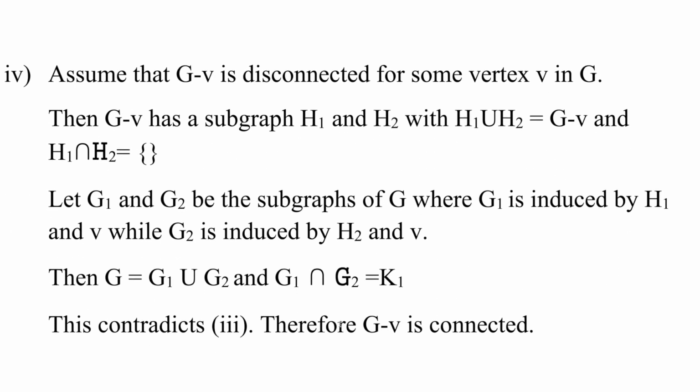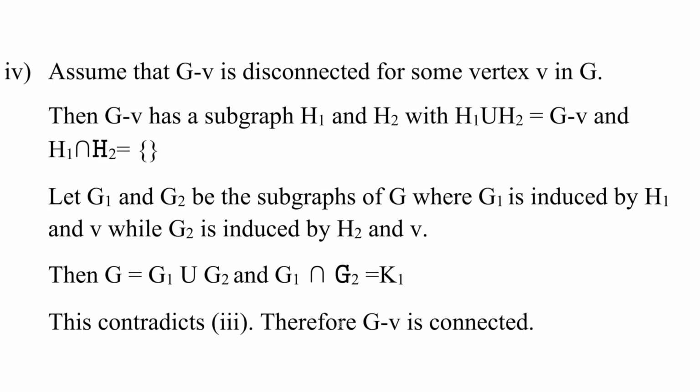Fourth condition: for that, assume that G minus V is disconnected for some vertex V in G. Then G minus V has subgraphs H1 and H2 with H1 union H2 equal to G minus V and H1 intersection H2 equal to the empty set.